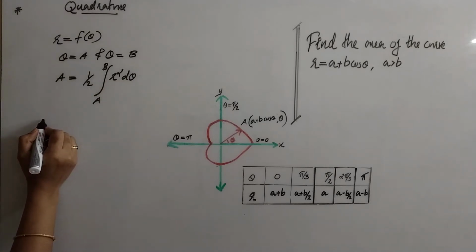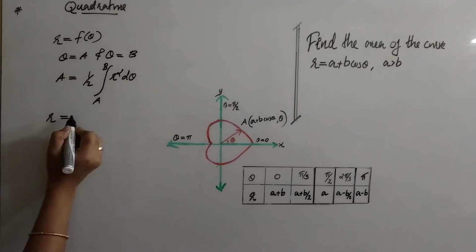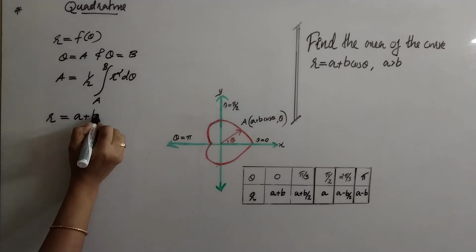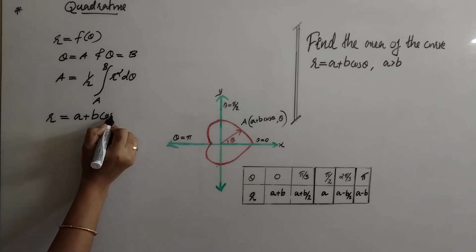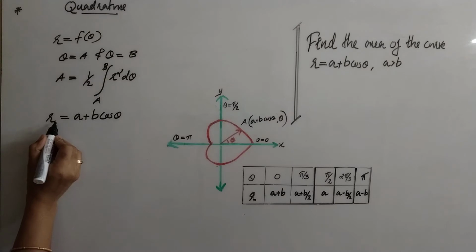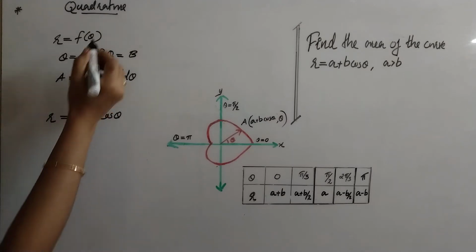Here the given equation is r = a + b cos theta, that is, r is a function of theta.